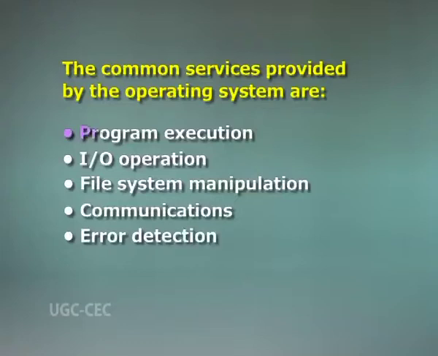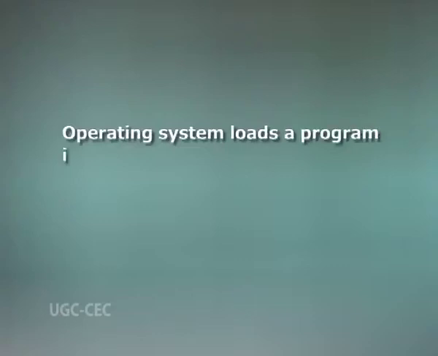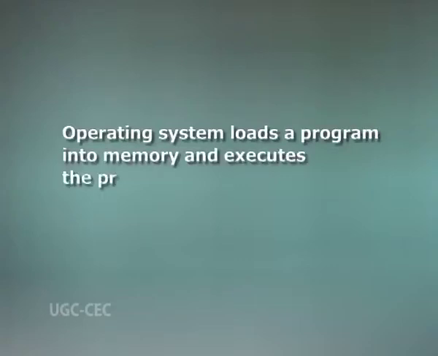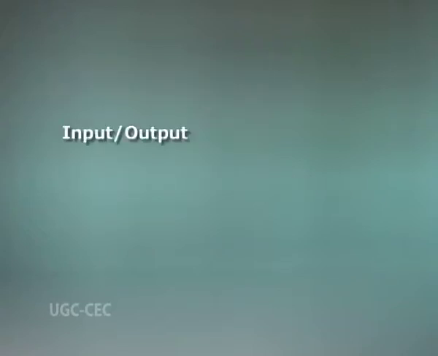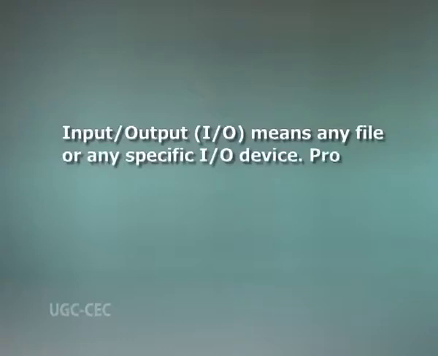Let's start with program execution. Operating system loads a program into memory and executes the program. The program must be able to end its execution either normally or abnormally. Second is input-output operations. It means any file or any specific input-output device.